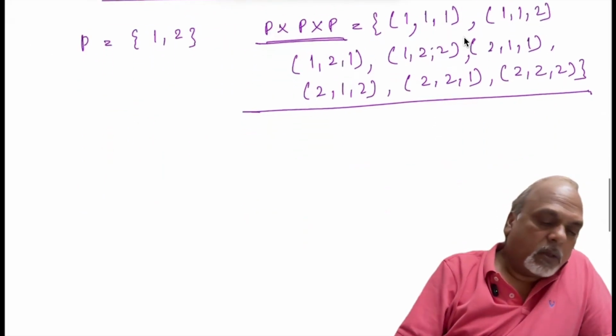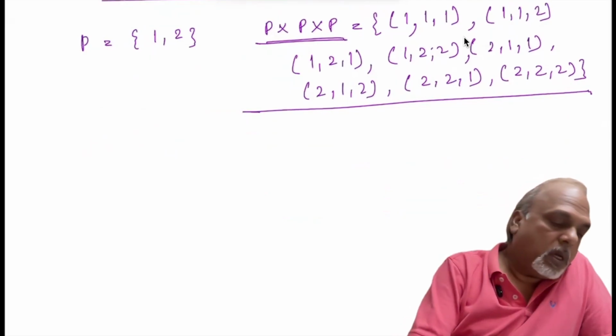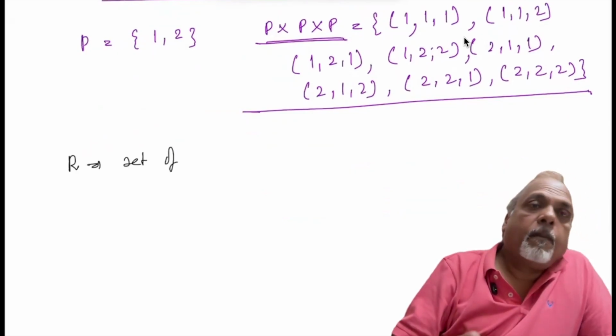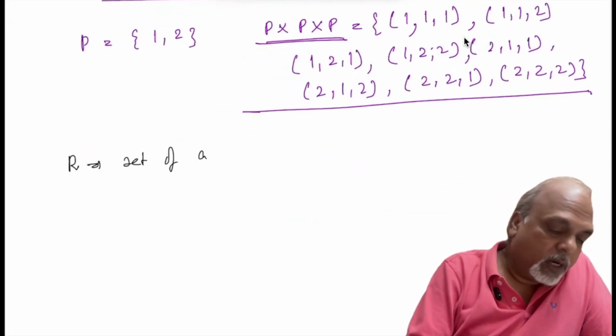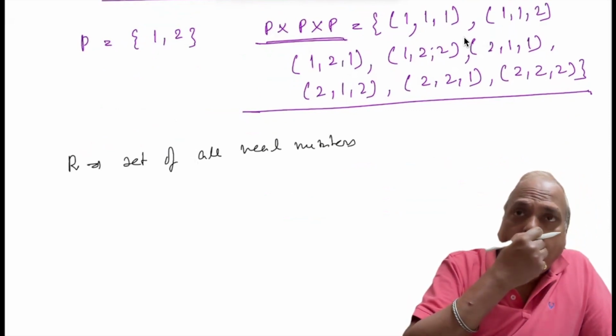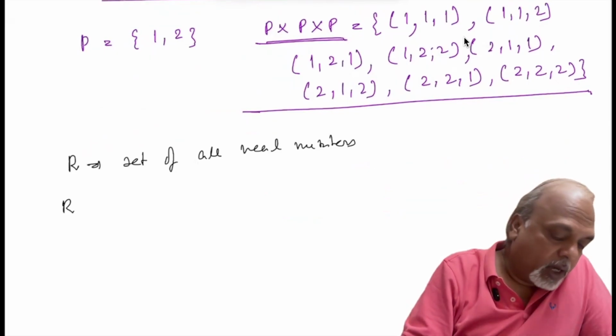Correct. Now, suppose you have R, the set of all real numbers. We know that R is denoted by the set of all real numbers. Then what will be this R cross R?